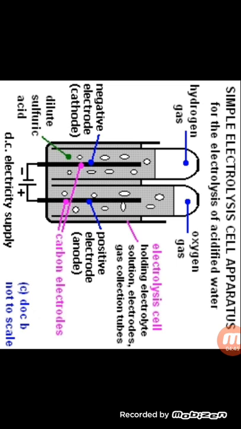Strong acids, bases and salts are good electrolytes. In the solution, the electrolyte dissociates into ions. Next is the battery, that is the electrodes are connected to the battery which provides the electric supply.